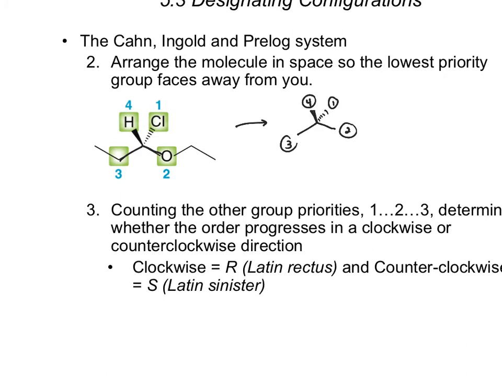We'll have the exact same structure, except now 4 is on the dash. What will be on the wedge? 1 will be on the wedge. On the left-hand side will be 2, and on the right-hand side will be 3.